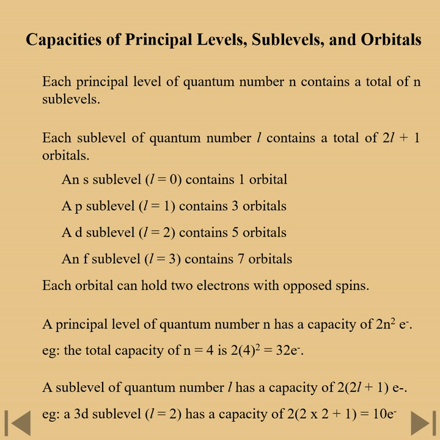We know there's 5 orbitals. That's what the 2L plus 1 would give us if L is equal to 2, and 2 electrons per orbital. Now, I went over earlier where we can find the S's, P's, D's, and F's, and that there were 2 electrons per orbital, and so we could work backwards from that to determine how many orbitals are in an F subshell if we forgot this equation, because we could go to the F's and see that there's 14 electrons wide, divide that by 2 to get 7 orbitals.